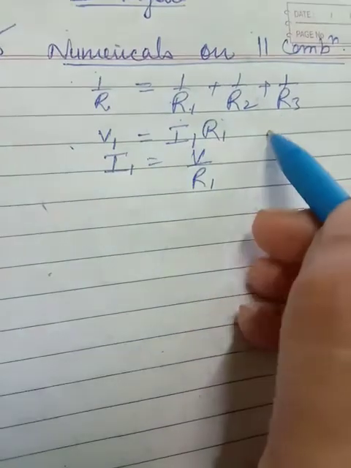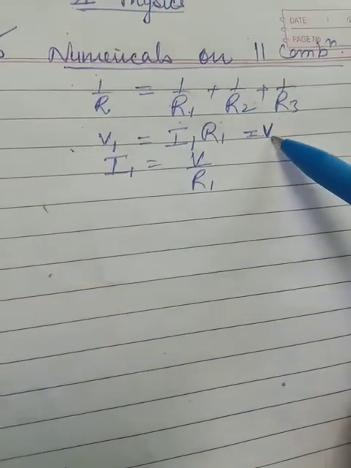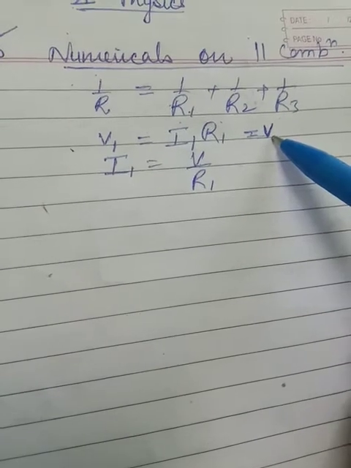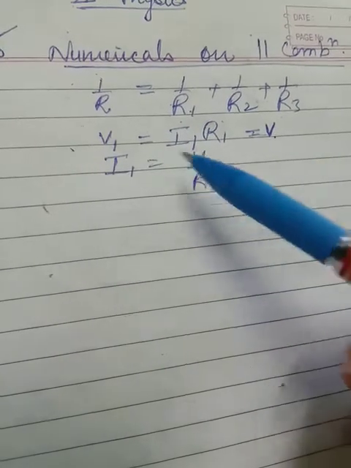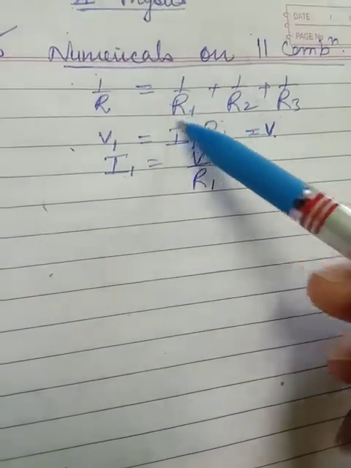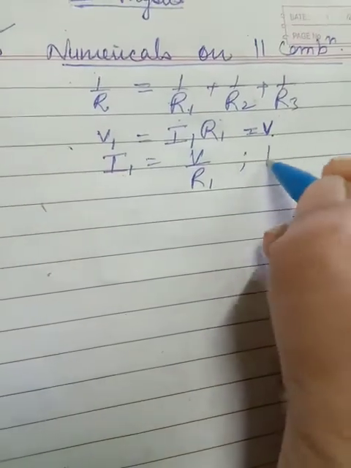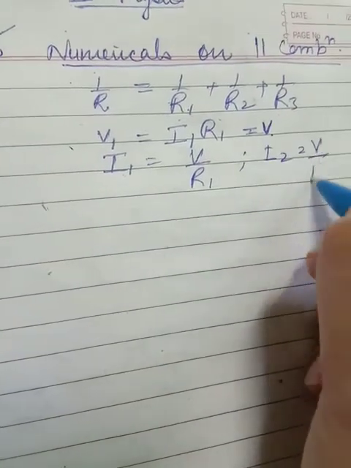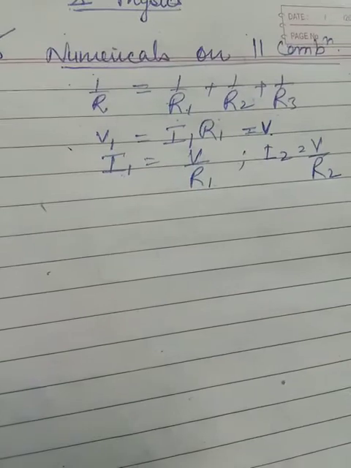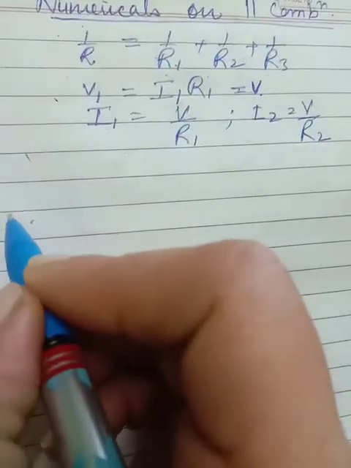This V1 will be equal to V, because the potential is constant, it is the same for every resistor. So the current through the first resistor I1 will be V upon R1, the current through the second resistor I2 will be V upon R2, and I3 is V upon R3 and so on. So now I'll discuss one of the numericals.